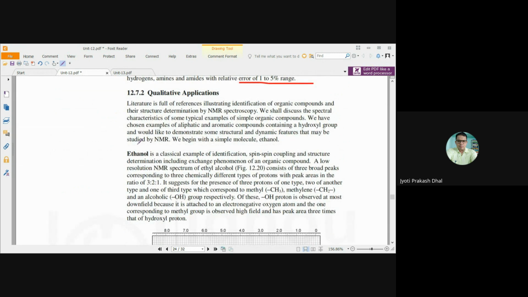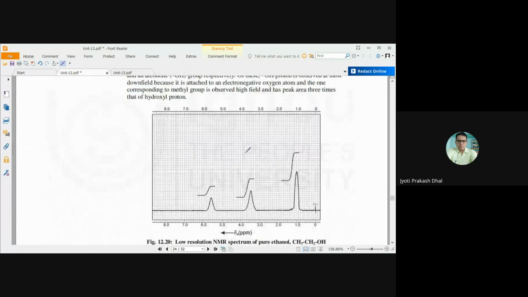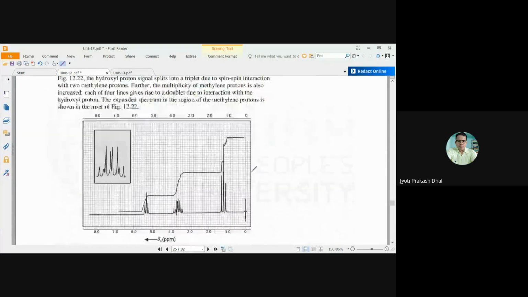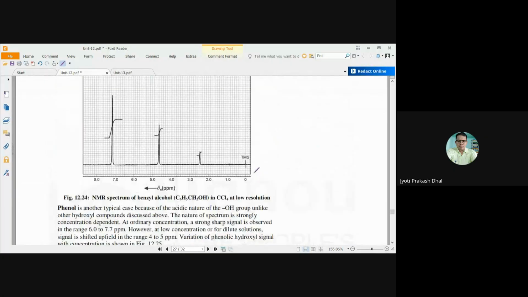Then qualitative analysis. So it is widely used in qualitative analysis. In qualitative analysis, it helps the structural elucidation of different types of organic molecules. So these are the applications.